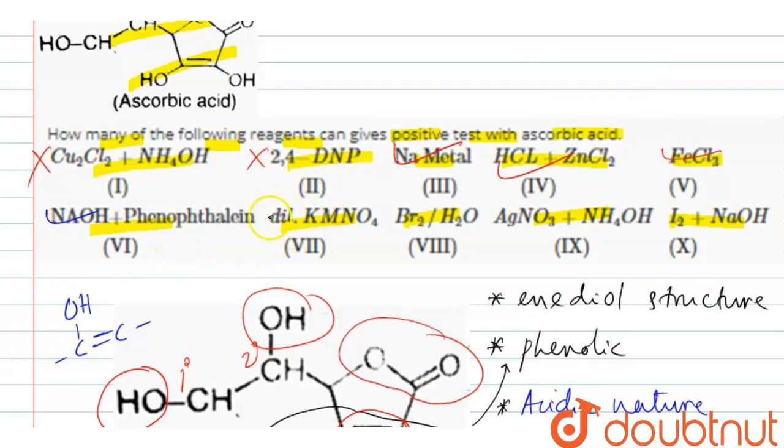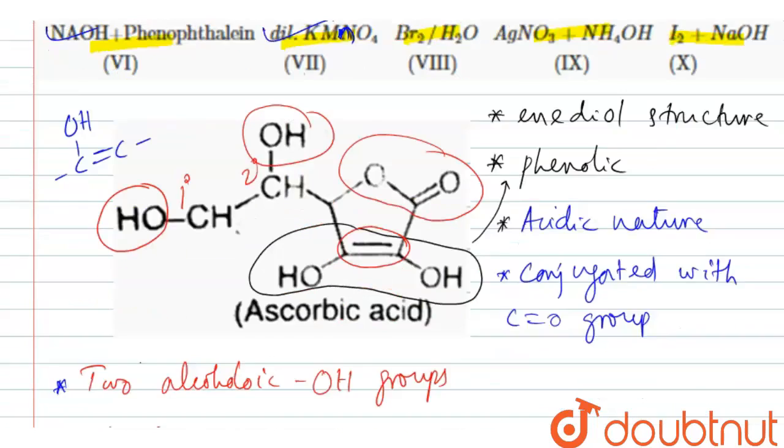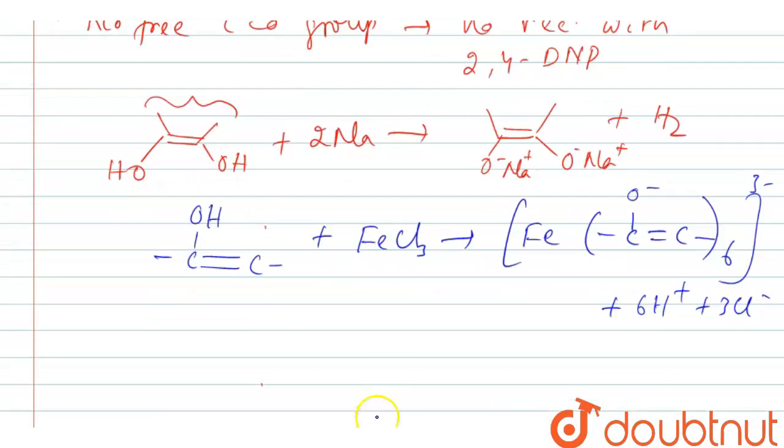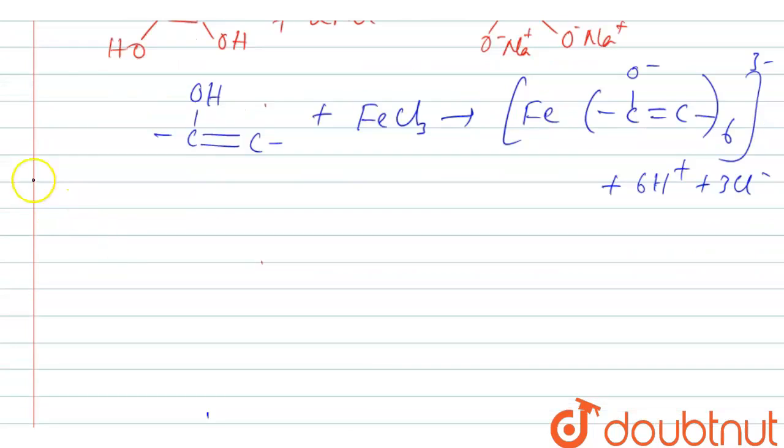Then comes dilute KMnO4. It also reacts with dilute KMnO4 because it has a double bond.